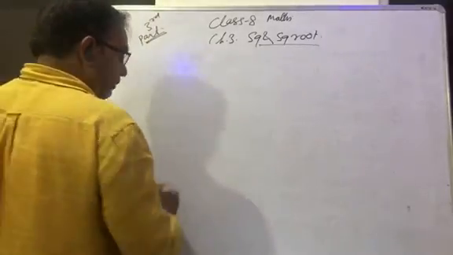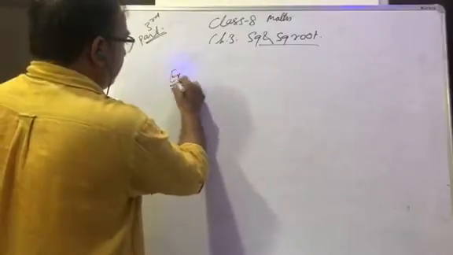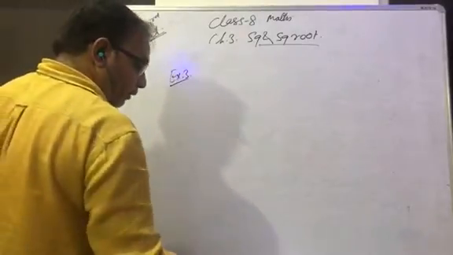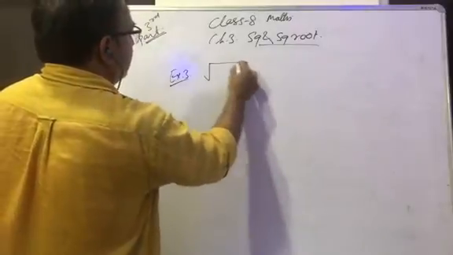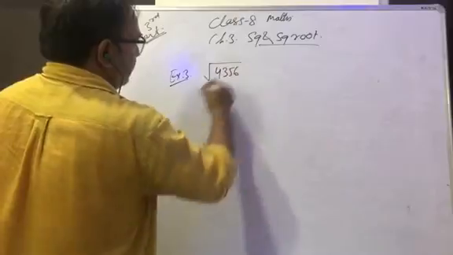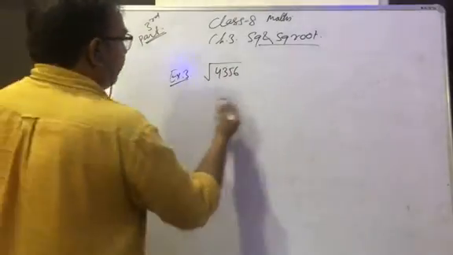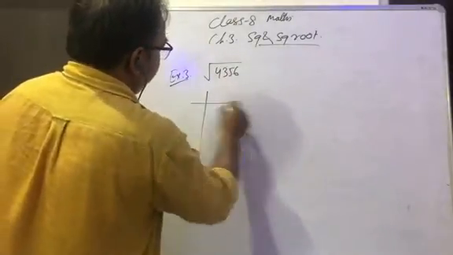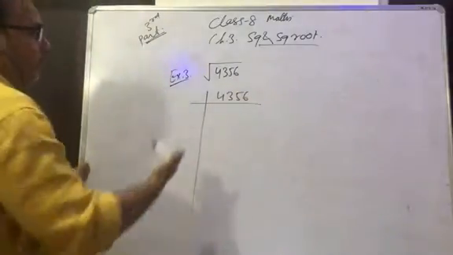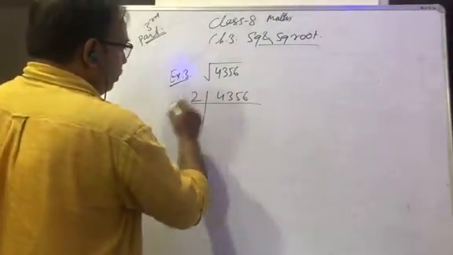Now, example number 3. This is on page number 49. Find out the square root of 4356. By using prime factorization, we write 4356, and we know that this number is divisible by 2.